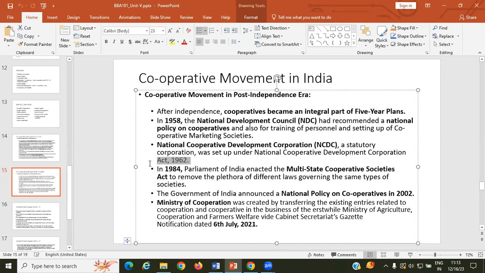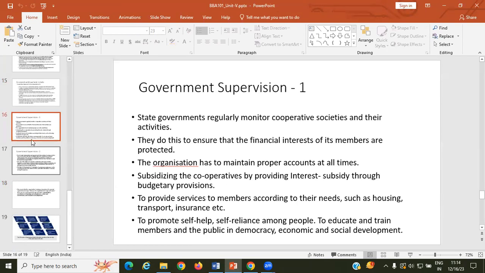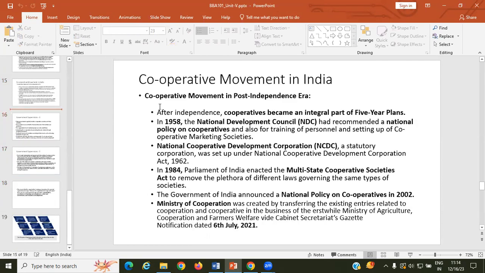The first thing is, suppose you have a society, the state government is providing loans. These are different activities I mentioned in the notes. You will read them and understand one by one.